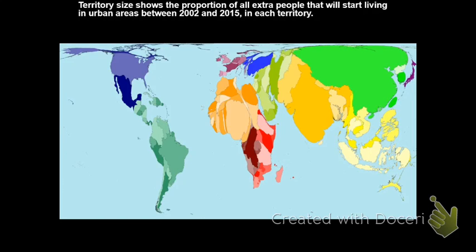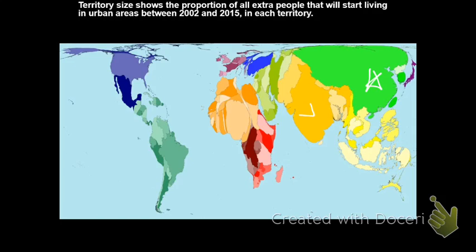Gotta love World Mapper and their cartograms. This one shows, you can see that it's altering the size of the area of the country in proportion to the extra people that will start living in urban areas between 2002 and 2015. So it gives you some idea of the parts of the world where urbanization is having the greatest impact.